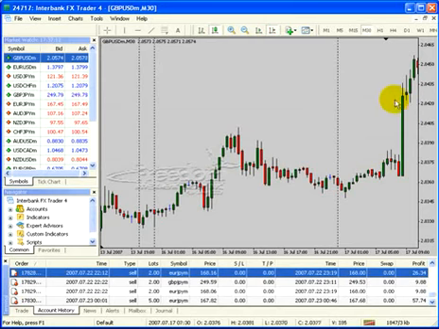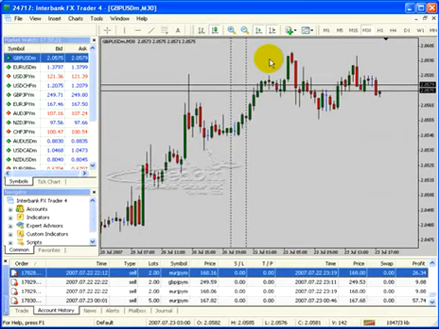Another thing that I find very helpful: if we hit this auto scroll button, the next time the currency price changes, it moves right back to the very front. You see there, it just moved to the very front of the charts, the most current and recent bars and times.